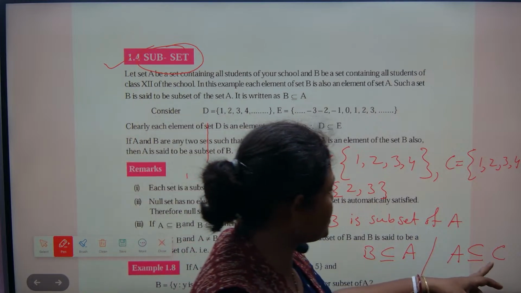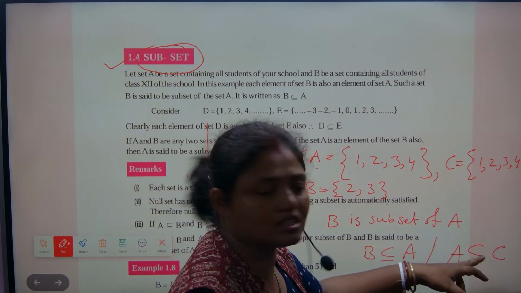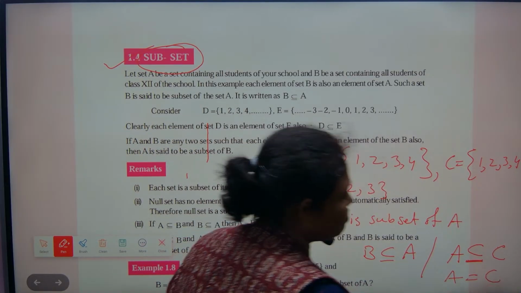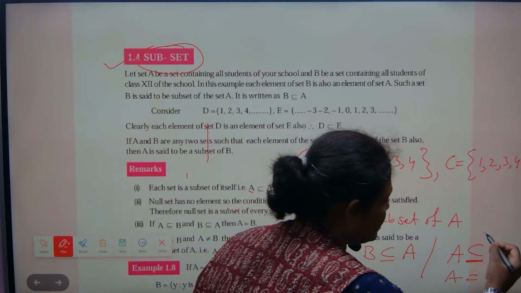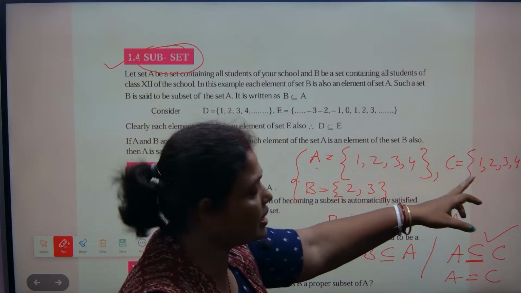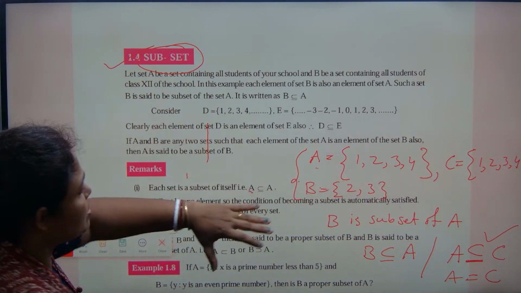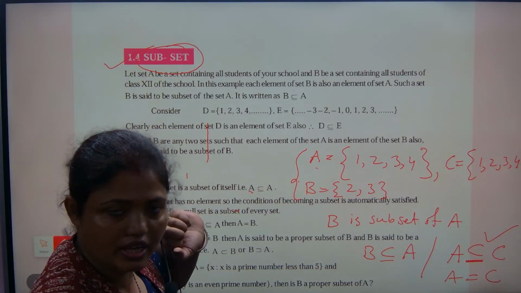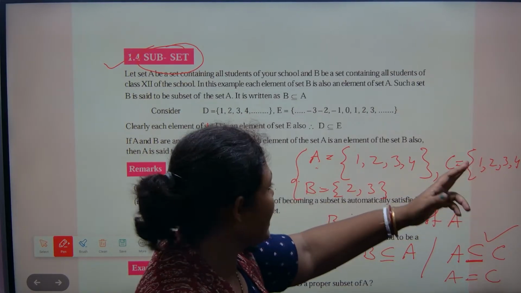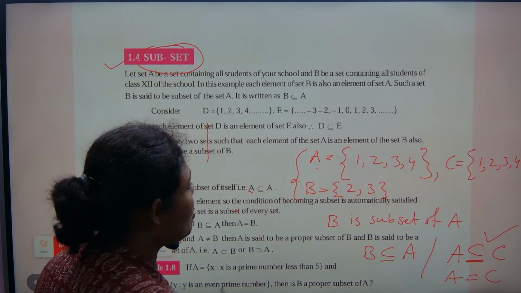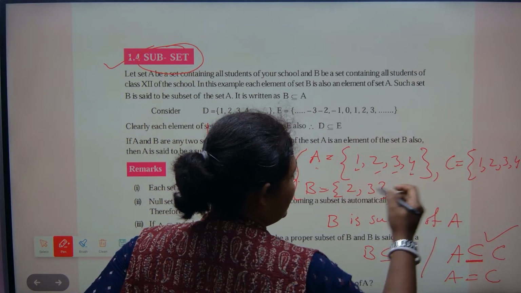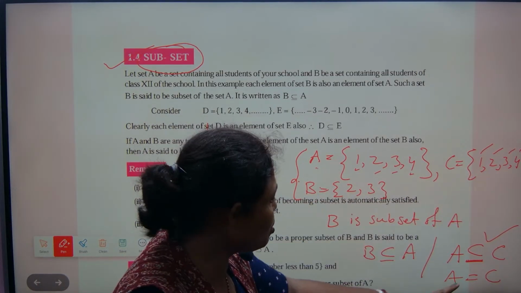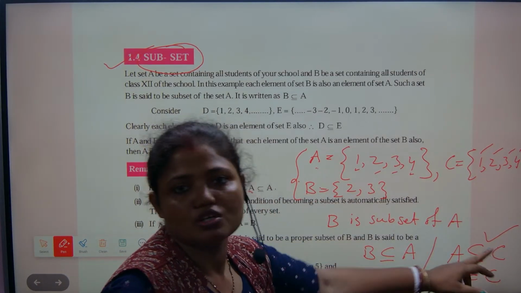A is a subset of C. You can write like this also, because here we have A and the equal sign with C. So these are called subsets of a set. B is a subset of A and A is a subset of C. Again C is a subset of A, because they have the same elements, so we can write A is a subset of C, right?